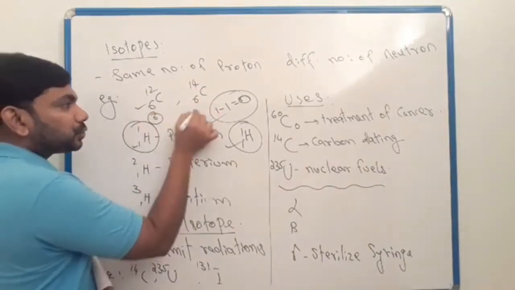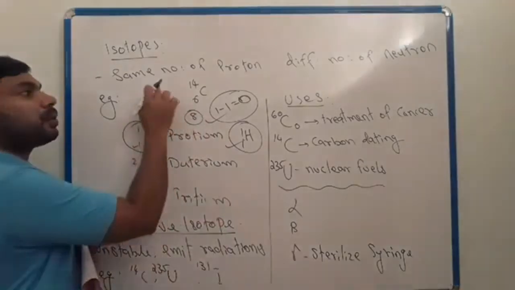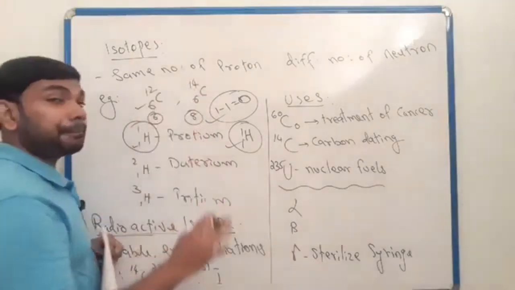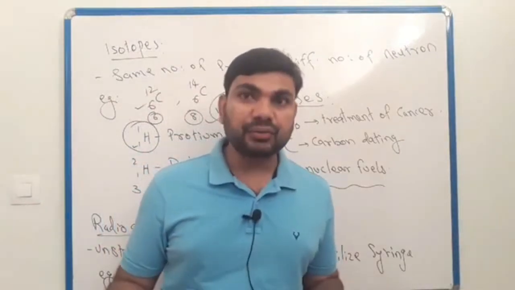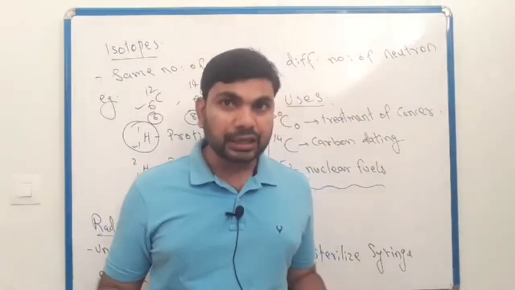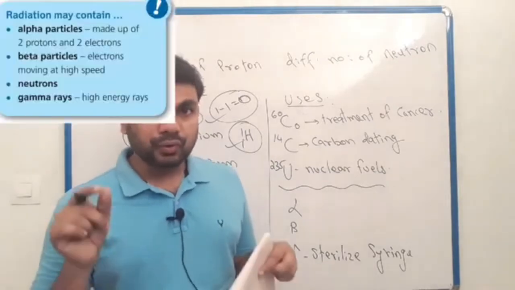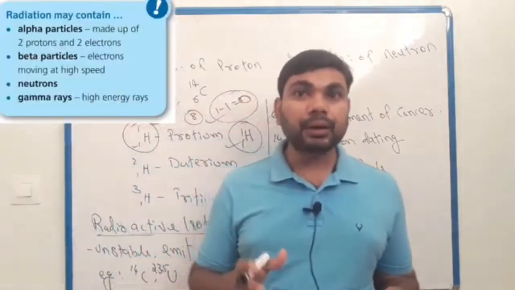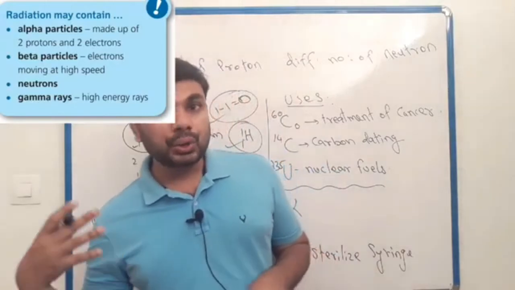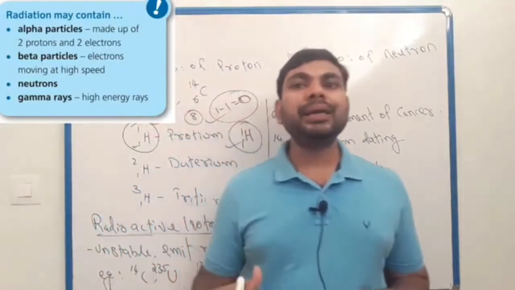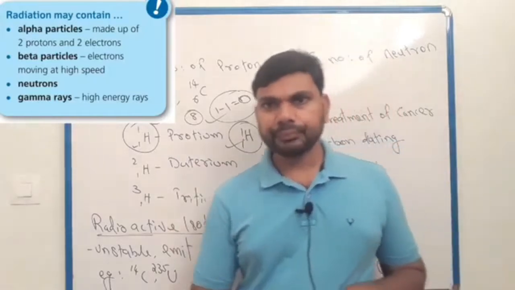So the number of neutrons will be different, or you can say the mass number is different, for isotopes. Atomic number or proton number is the same. Mass number or nucleon number will be different. Clear? This is about isotopes.